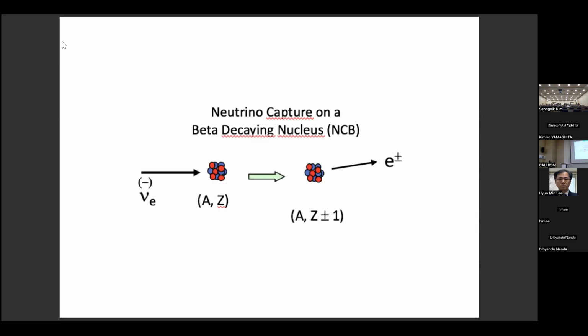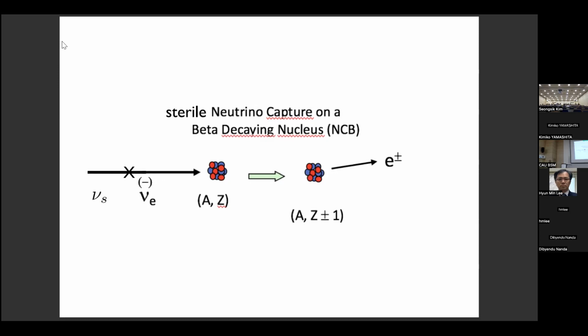This neutrino can be a cosmological neutrino around our galaxy. Because it has some kinetic energy and also mass, this mass is transferred to the energy of the electron. If we see the energy spectrum of electrons, then maybe we can distinguish the initial neutrino.